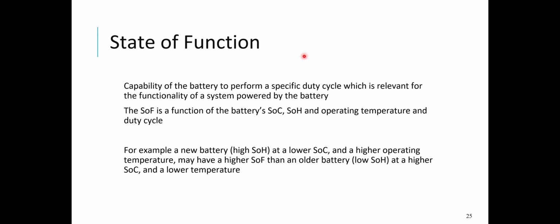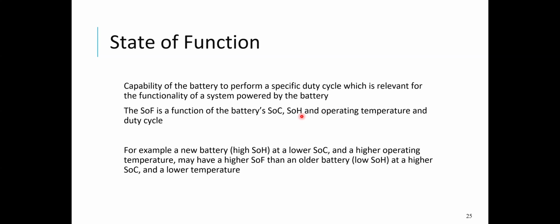So that's why we have another neat metric we can use, which is the state of function of the battery. It describes the capability of the battery to perform a specific duty cycle relevant for its functionality in the system that uses the battery. It's a function of the state of charge and state of health of the battery. An example of state of function is when you are in an electric vehicle.